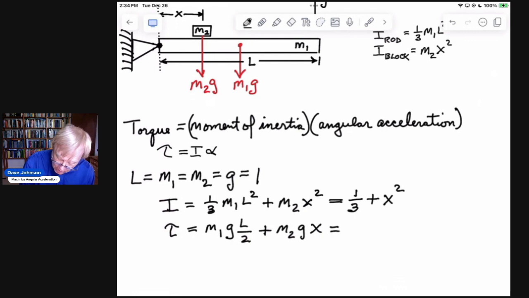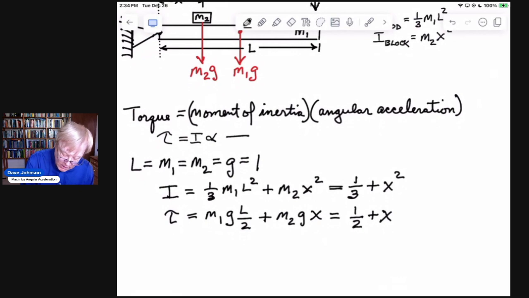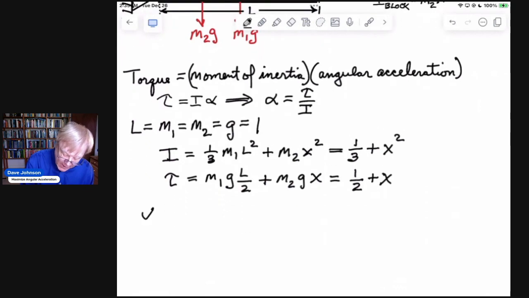And then our torque is going to be, so M1 is 1, G is 1, L is 1, so we get 1/2 from the first term, plus, and then again, M2 and G are both 1, so we get X for our second term. And we're solving this equation for alpha, so alpha is equal to tau divided by I. So let me rewrite that down here.